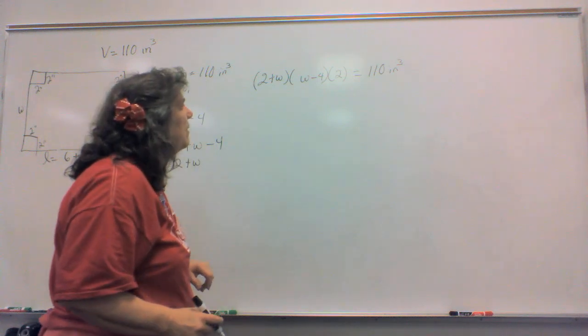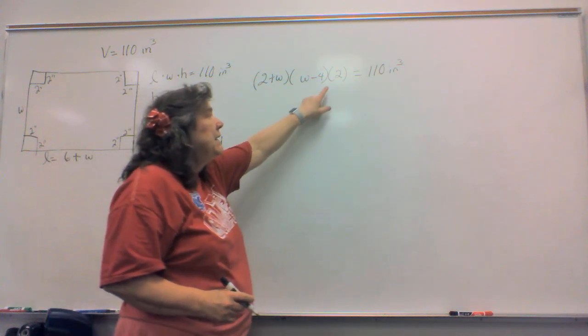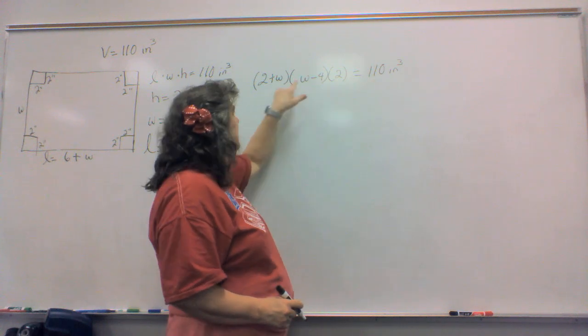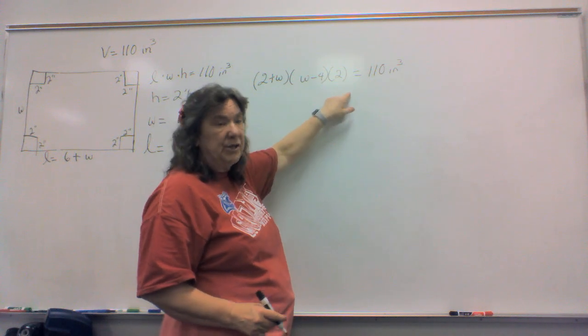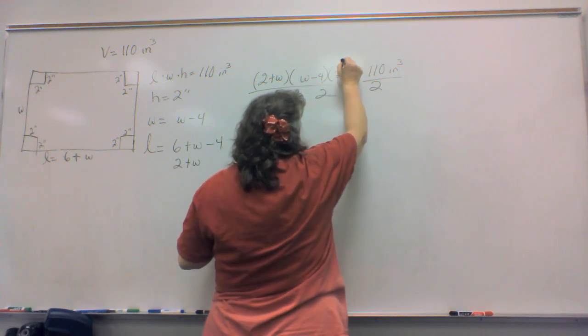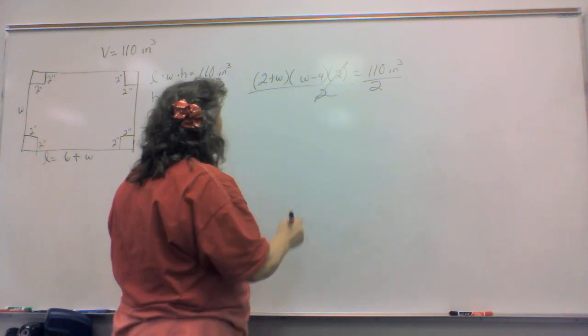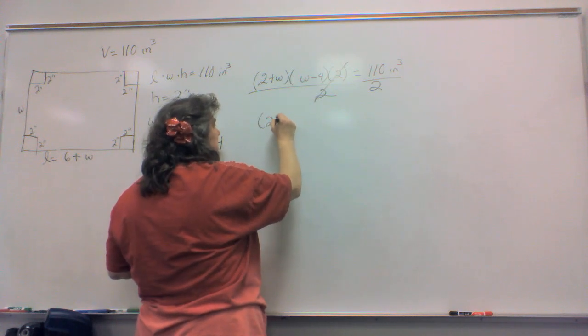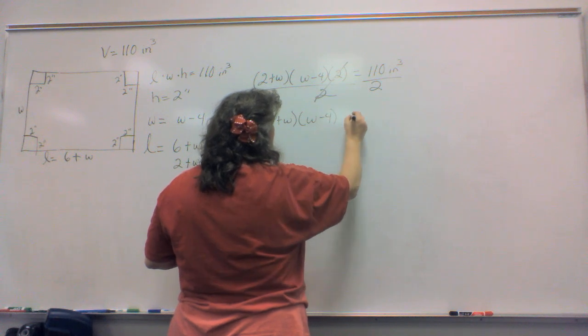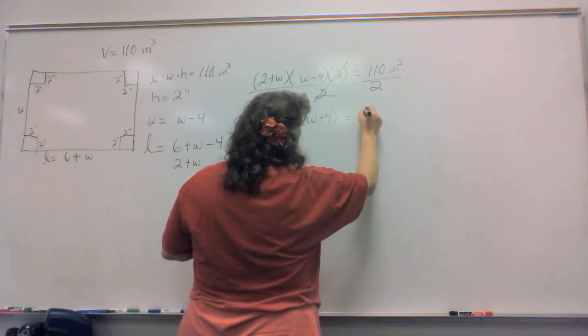Okay? Now, I can actually divide by 2 on both sides because this is all multiplication. If I divide by 2, I eliminate my 2's. And I'm left with 2 plus W times W minus 4 is equal to 55.